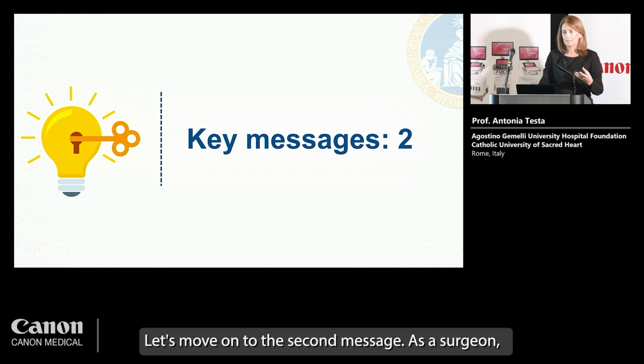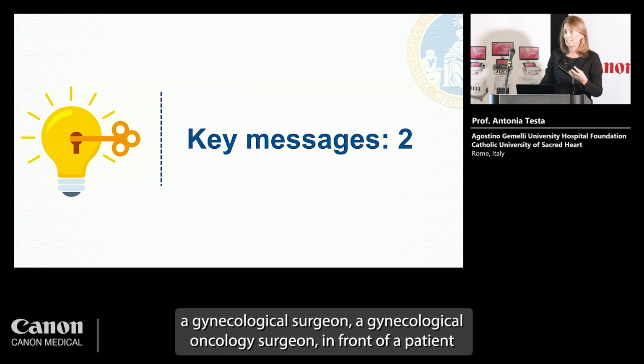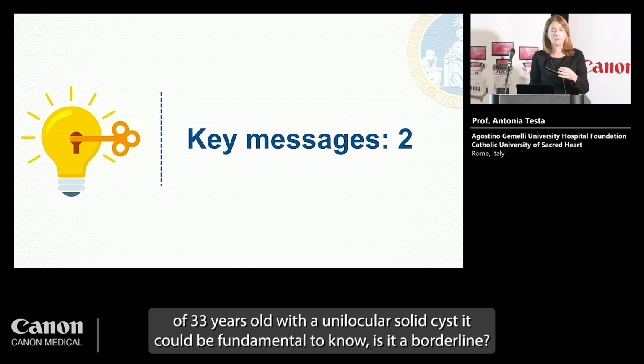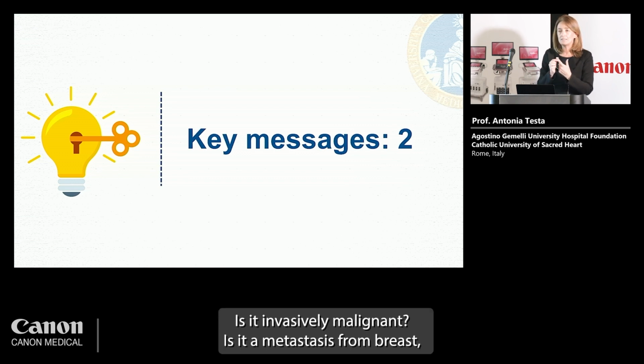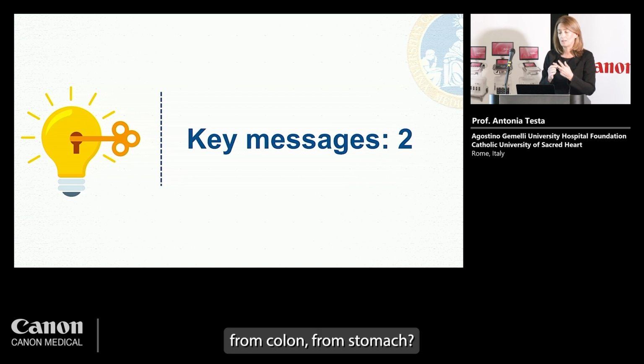As a gynecological oncology surgeon, in front of a patient of 33 years old with a unilocular solid cyst, it could be fundamental to know, is it a borderline? Is it invasively malignant? Is it a metastasis from breast, from colon, from stomach?